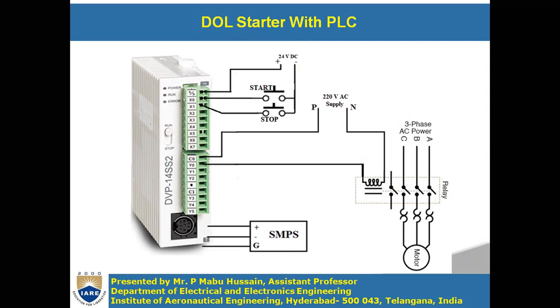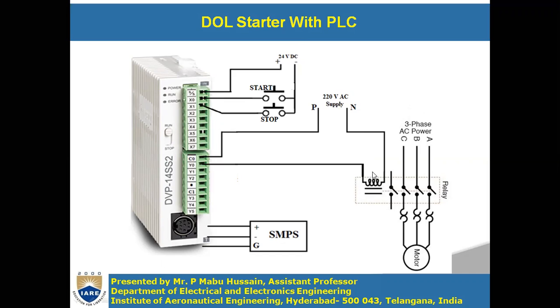The start push button will be connected to X0, and the stop push button will be connected to X1. Now what is your output? Output will be the contactor coil. The contactor coil here is a 220 volts AC coil.